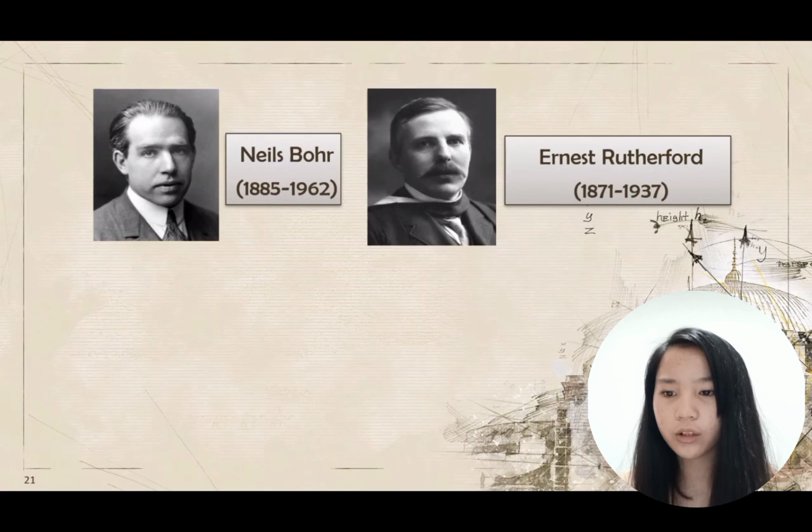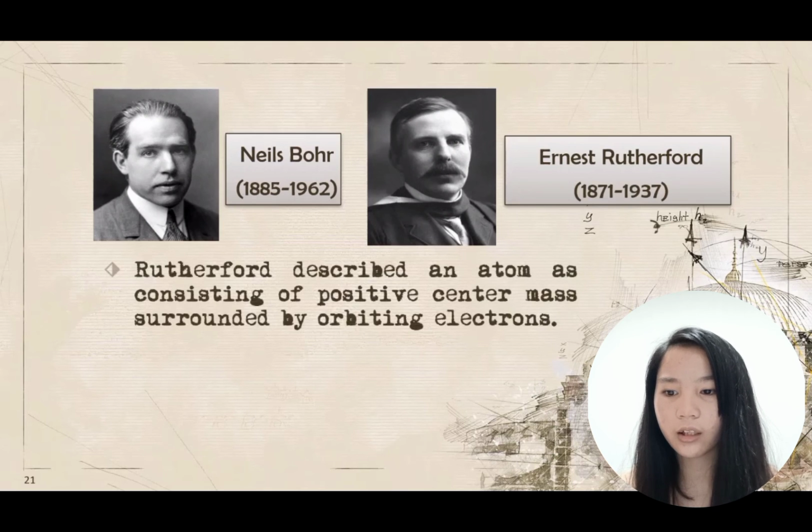Rutherford described an atom as consisting of a positive center, and Niels Bohr suggested that electrons revolve in quantized orbits. That's why it's called the planetary model or solar system model.